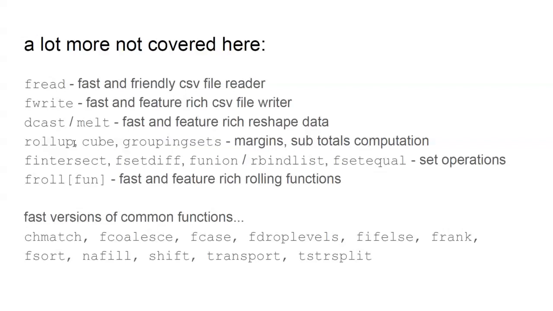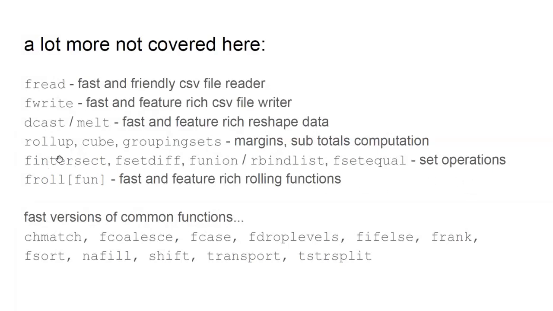If we want to have some subtotals and grand totals by grouping variables, instead of specifying multiple grouping queries, we can just use rollup or cube or grouping sets to have those subtotals calculated in a single query.